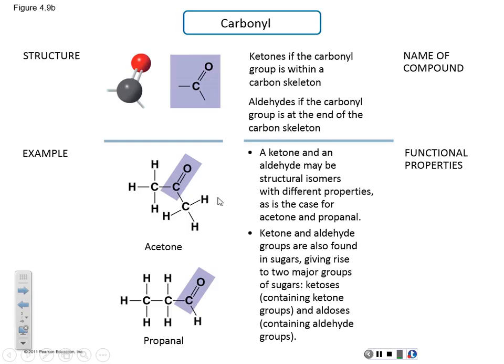Let's talk about another one. Of the 7 of these groups, number 2 on the list were the carbonyl groups. A carbonyl group is when you've got a carbon that instead of having a hydrogen dangling off of it, you get rid of 2 of its hydrogens and you lock on an oxygen with a double bond. Okay, that's the functional group.